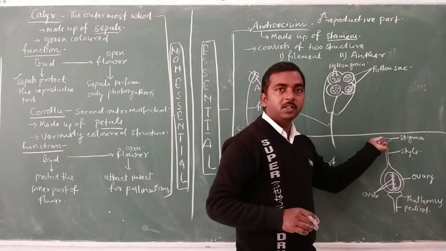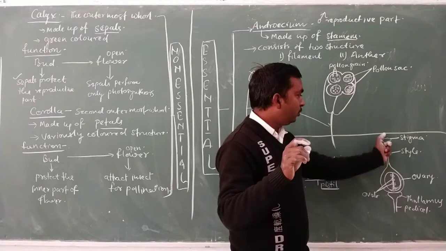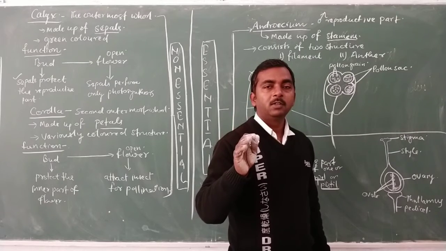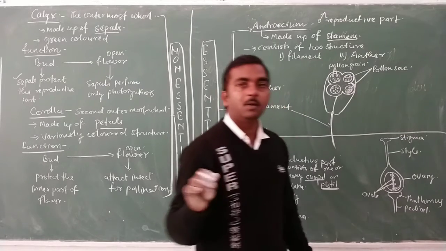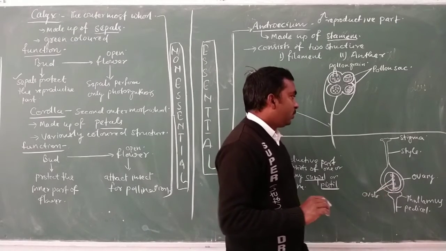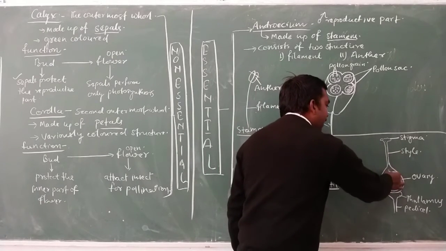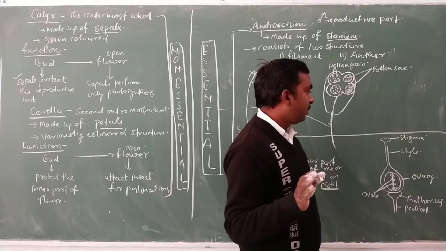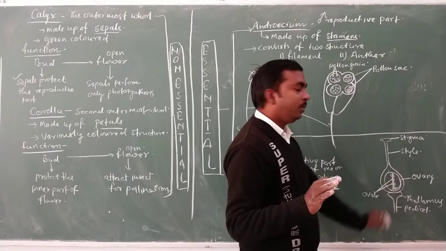And after pollination, these pollen grains need to carry their gamete or nucleus, the male gamete, to the ovule. So along with the style, they transfer their male gamete in the form of pollen tube towards the ovary.